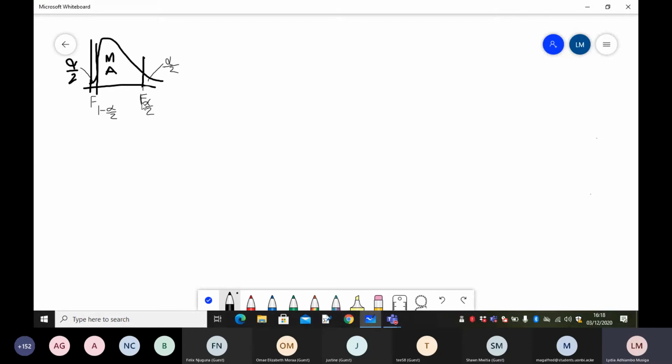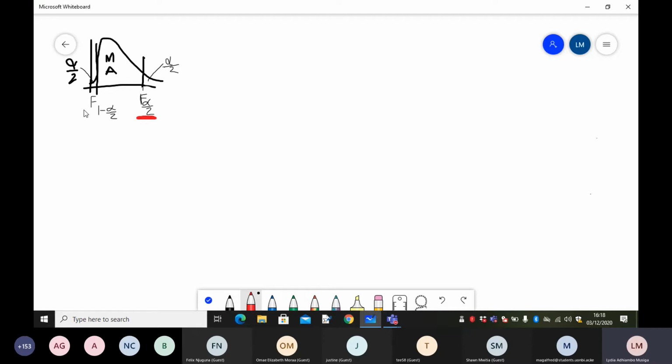So we need to get these two F values. For the F value to the right, which I have underlined in red, we are looking for F of alpha over 2, because the area to the right of that F value is alpha over 2.